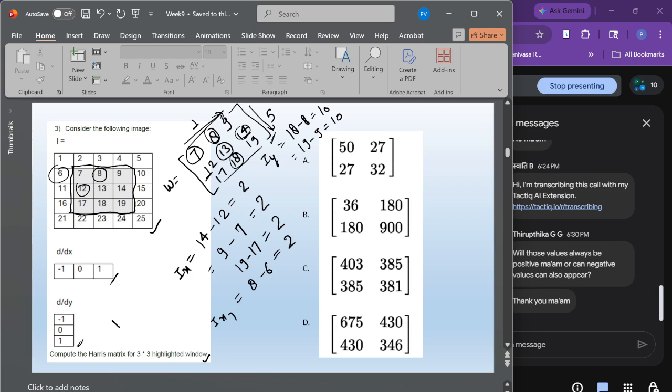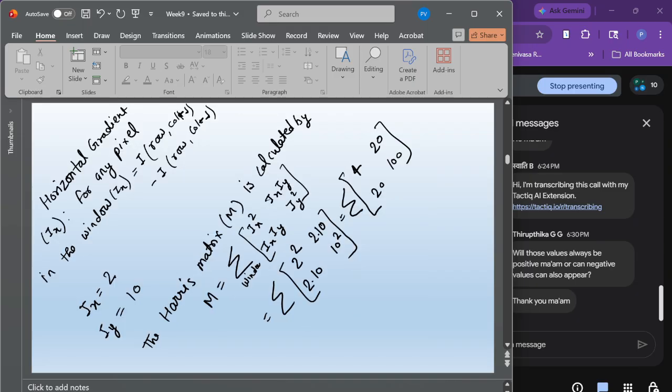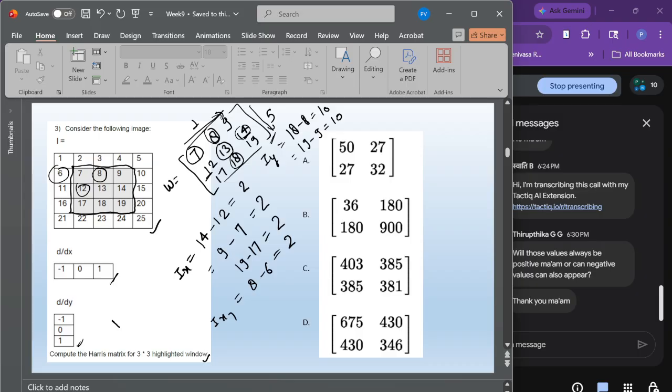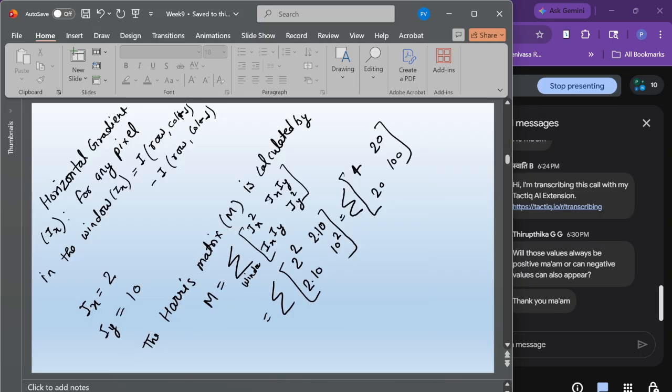So the total number of pixels is 9 in the 3 cross 3 window, which means this summation is 9.